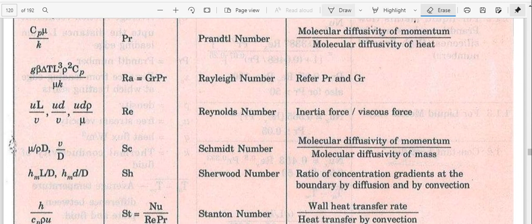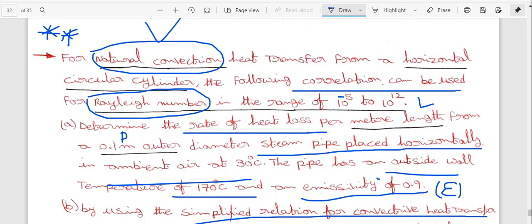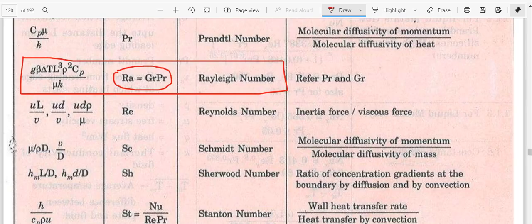So what is the Rayleigh number? Rayleigh's number formula: Ra equal to GrPr value. So here the Rayleigh's number is equal to GrPr value, and the range is between 10 power minus 5 to 10 power 12.